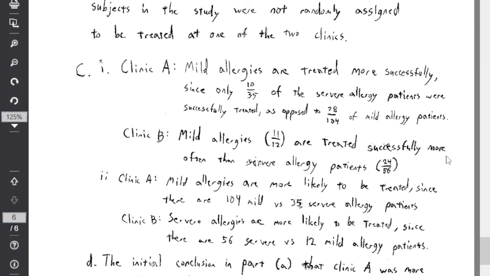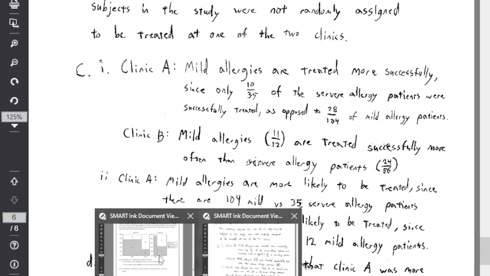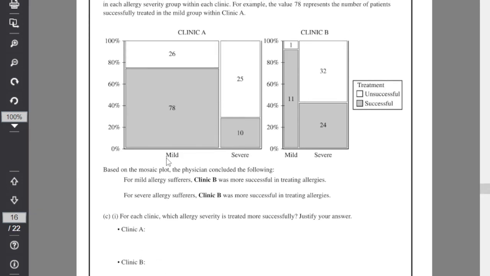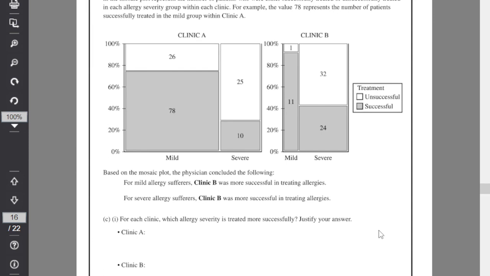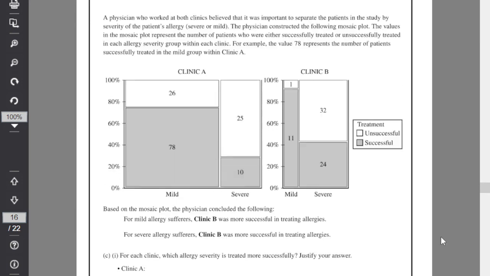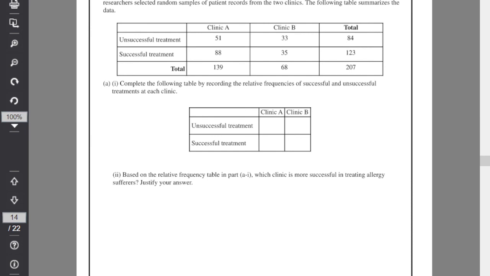You can see that in this graphical layout: a lot more mild than severe here, and a lot more severe than mild here. So their conclusion was that Clinic B was more successful at treating the mild allergies and the severe allergies. However, up here, didn't we conclude that Clinic A was more successful overall?